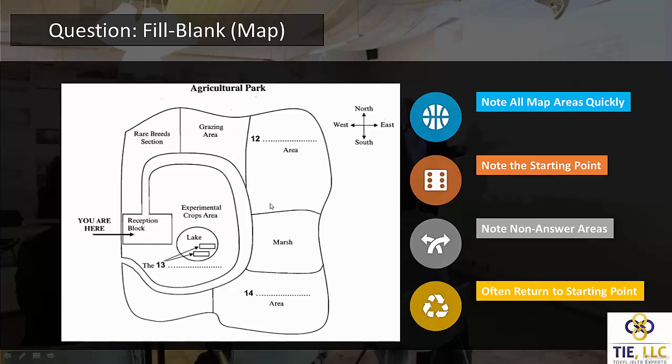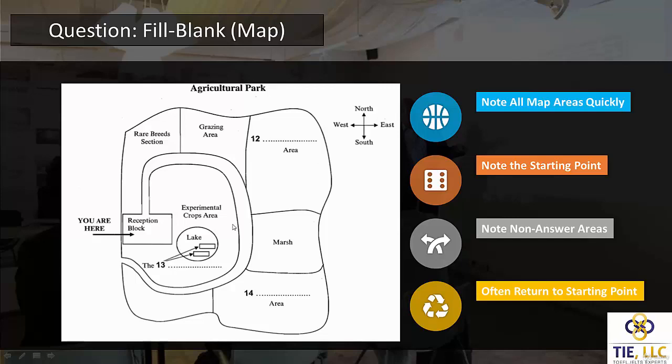all of the areas. The reason why is when they're giving you the answer to number 12, they're going to connect it to grazing area and marsh. They're going to connect it some kind of way. You also want to know your directions, north, south, east, and west, because they're going to again connect answer choices to directions.